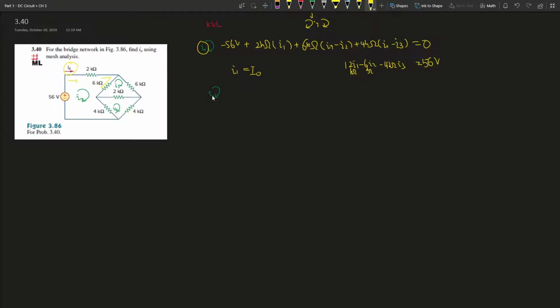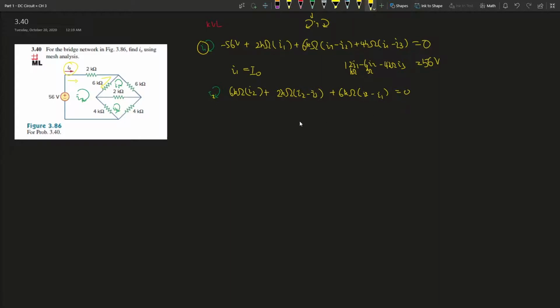Okay, so I2. We start from one of the nodes: 6 kilo ohms times I2, plus 2 kilo ohms times I2 minus I3, plus 6 kilo ohms times I2 minus I1, equals 0.